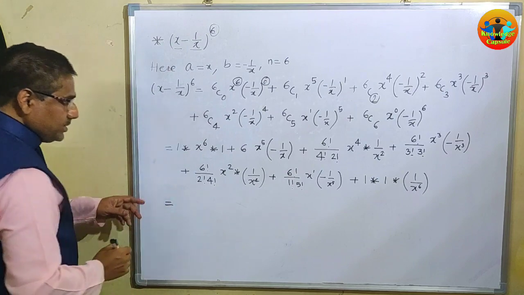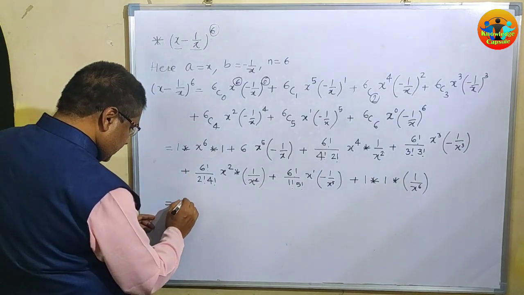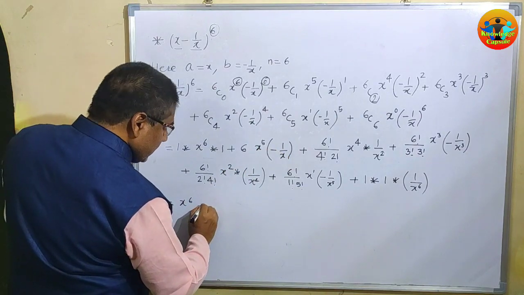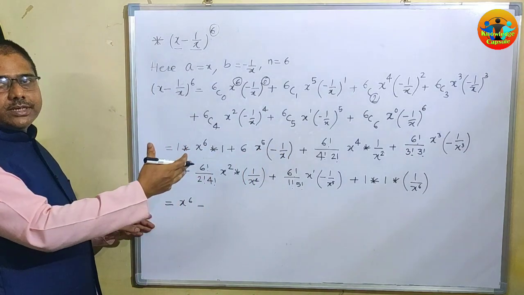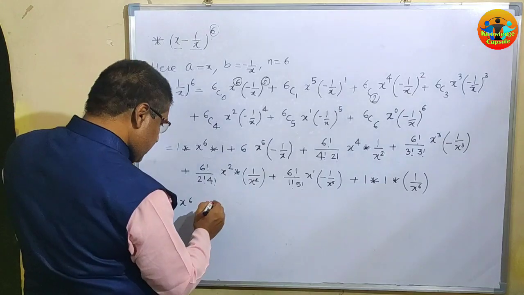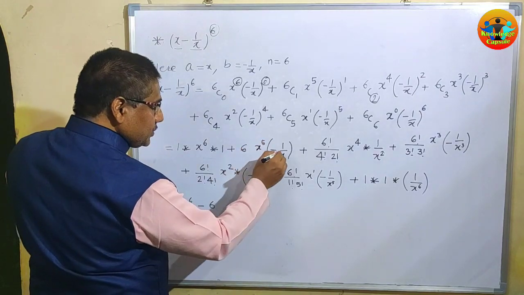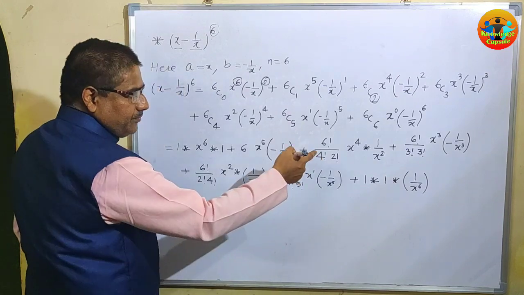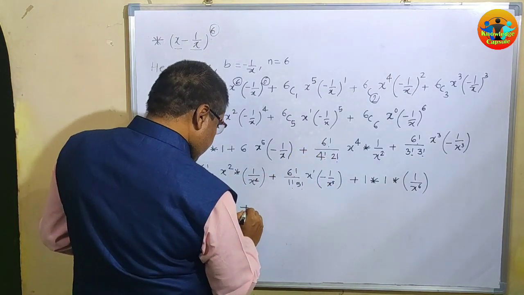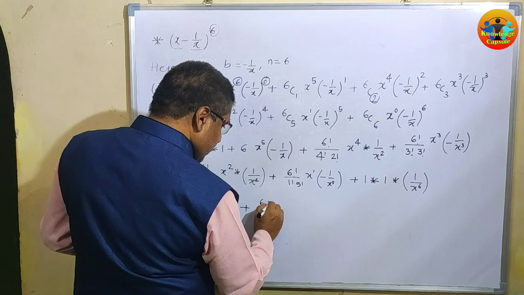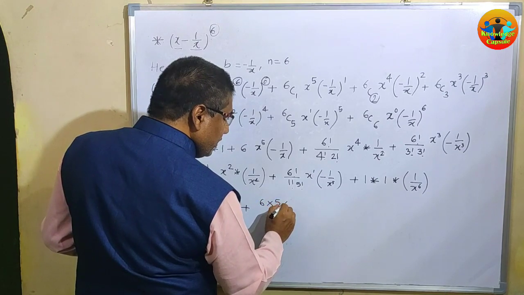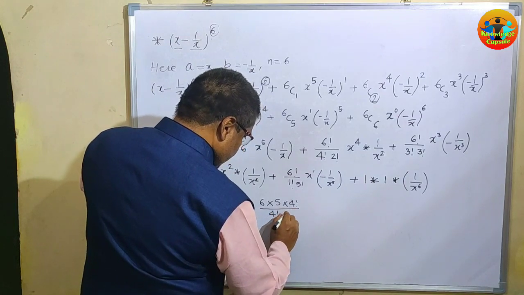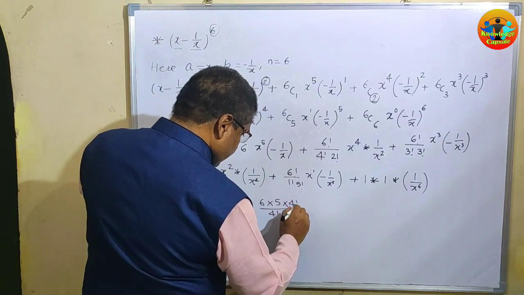Let us simplify this. The first term is x raised to 6. Second term will be minus. We will get alternate plus and minus terms. Here minus 6 x raised to 5 by x is x raised to 4. Factorial 6 can be written as 6 into 5 into factorial 4 upon factorial 4 into 2 into 1.